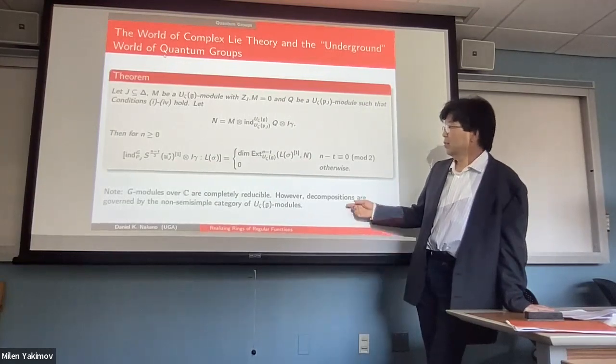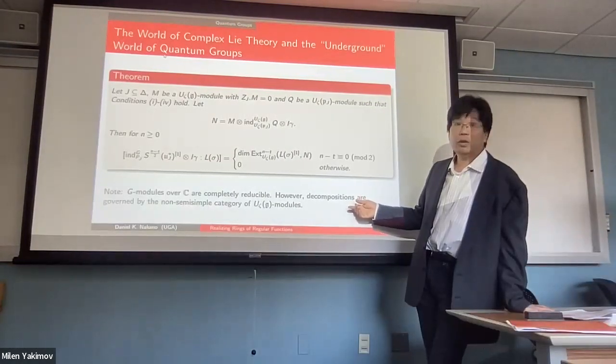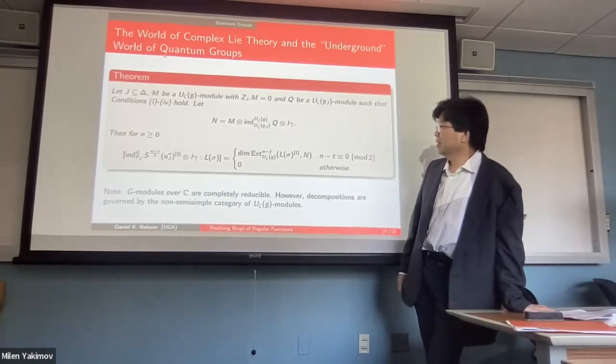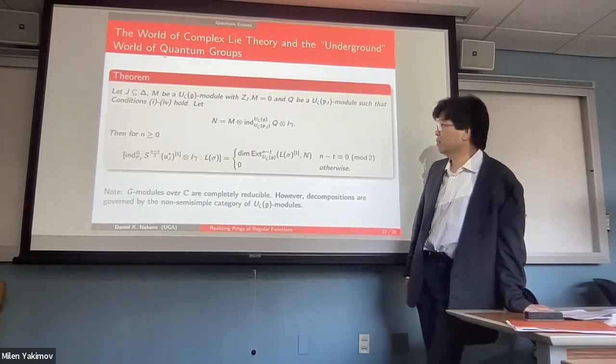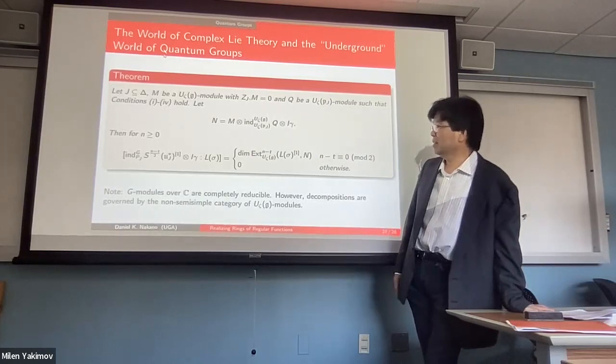Now, as you know, modules for GL_n over the complex numbers are completely reducible. So on the left-hand side, you have things which are completely reducible, and their composition factor multiplicities are given by dimensions of extension groups in a world where you have non-semisimplicity.